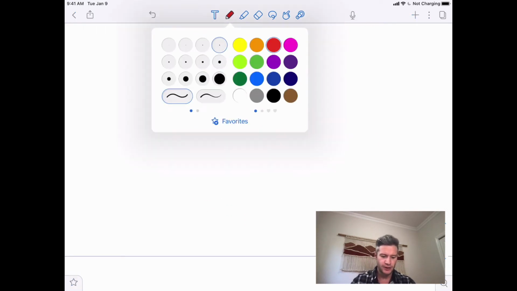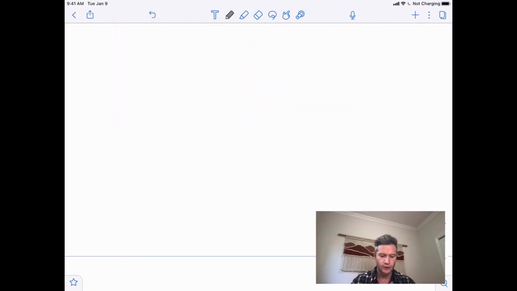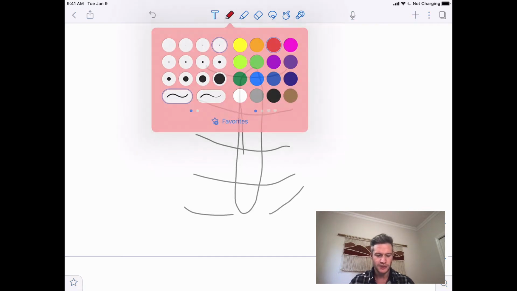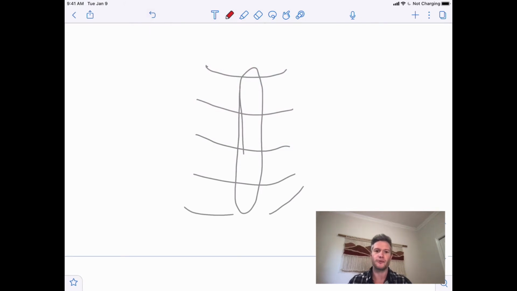Right, so getting back to our rib cage and our lungs here, I'm going to draw a very poor version of our rib cage. Here we've got our sternum, and of course in between and above are some respiratory muscles.